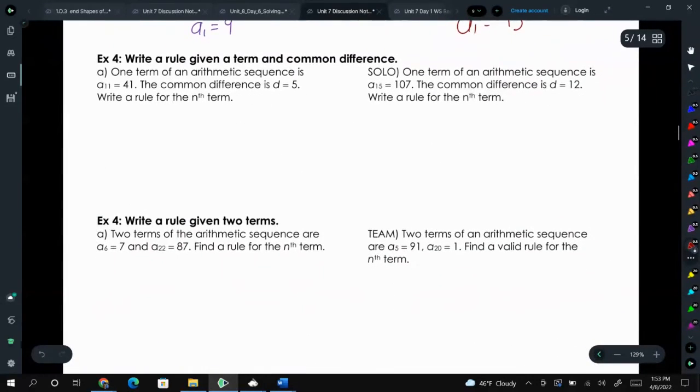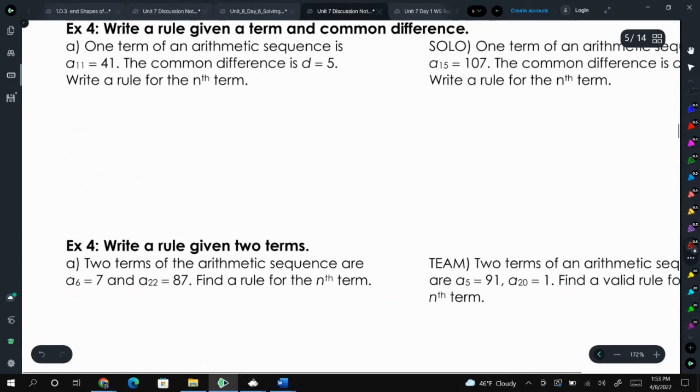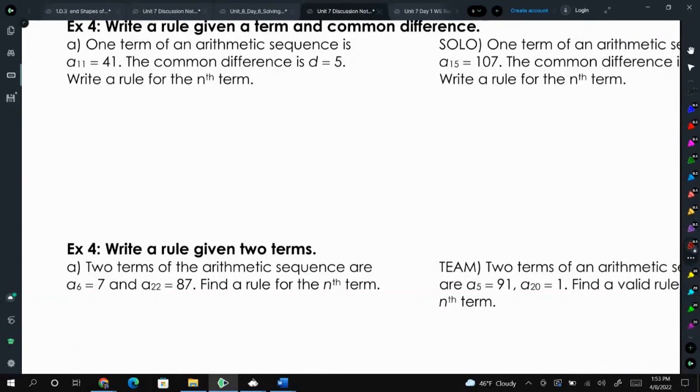What I'm going to do here is I'm going to do both letter A's for these examples and then let you try the other two. So write a rule given a term and common difference. That one won't be as difficult.